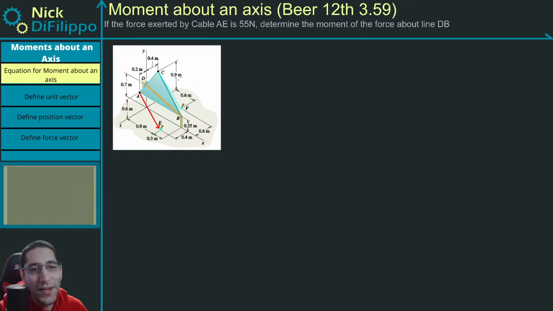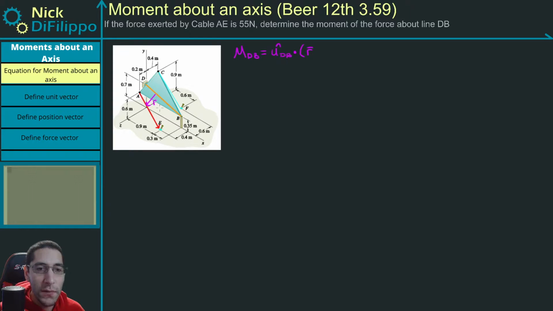But we need to realize it's 3D space and its moment about an axis. Because it's the moment about an axis, M_DB is equal to the unit vector of DB dotted with a position vector, and that position vector is going to point, we're going to define it more accurately later, from somewhere on the axis that we're trying to find the moment about to our force.